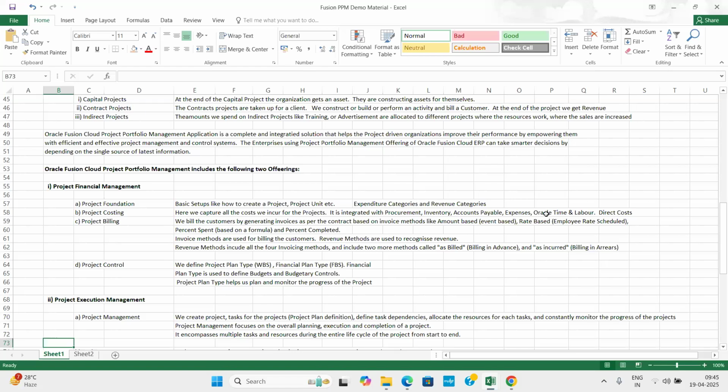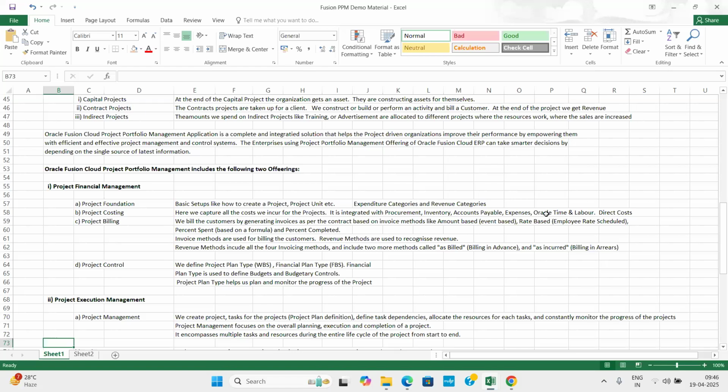Their time cards will be uploaded and imported into the system, and we have rate schedules for each employee: what is his capacity, his caliber, and how much is his billing rate. The system will calculate the employee's cost, how much time he has spent and what the rate is. That is called costing also. From Oracle Time and Labor we also get the integration to the project costing application.